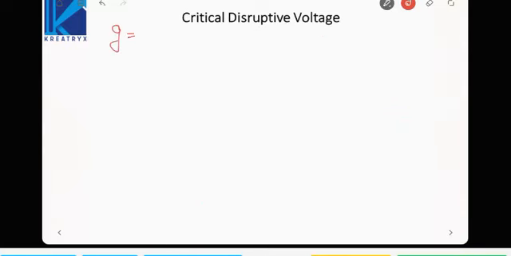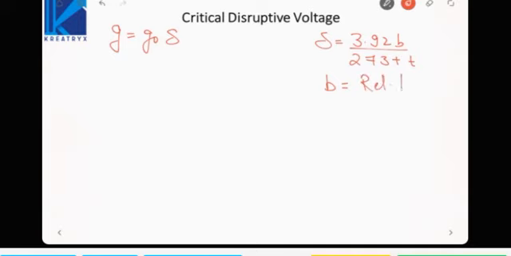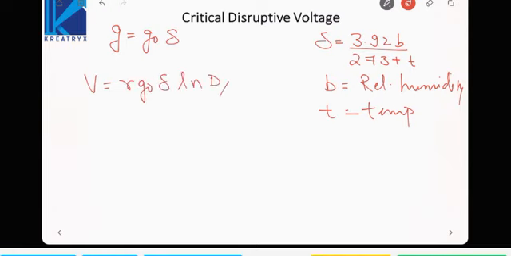Then G is given as G naught into delta, where delta is actually 3.92 b divided by 273 plus t. b is the barometric pressure, and t is the temperature. So voltage will become r G naught delta ln d by r.